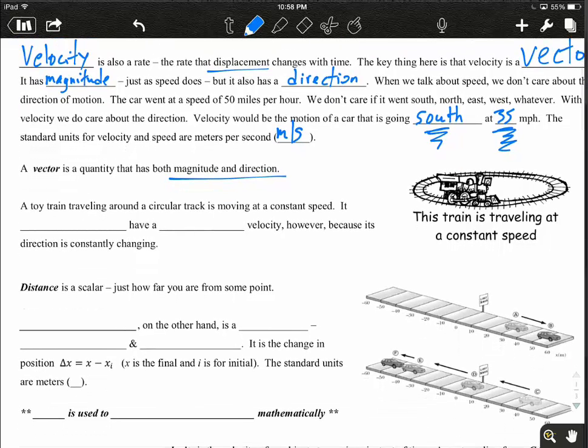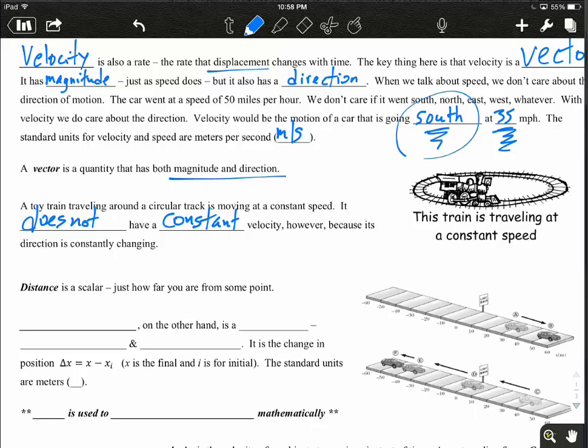In our example here to the right, we have a train that's going around a track. It says the toy train is traveling around a circular track. It is moving at a constant speed. It does not have a constant velocity, right?